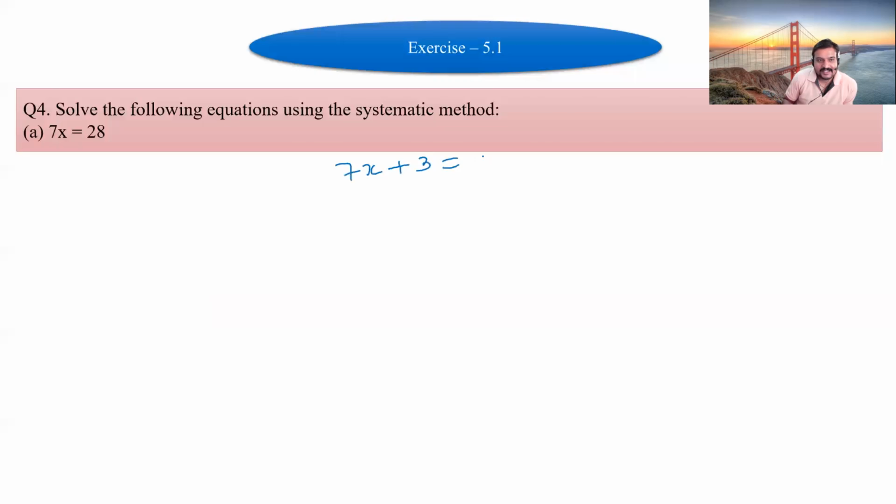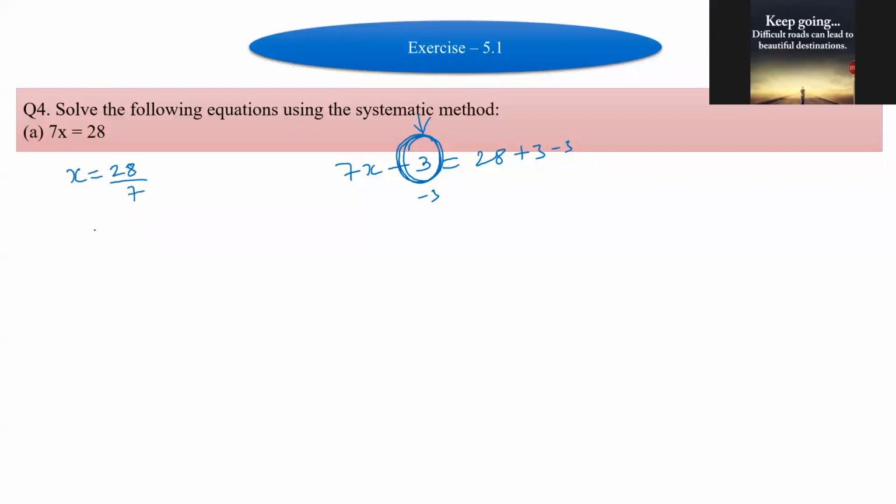In that case only we do the balancing. Now see here, this is the constant term. So for balancing this, what we do is minus 3. If we do minus 3 here, we have to do minus 3 there also. But here there is no constant term, so directly we will write x is equal to 28 divided by 7. So x will be equal to 4.